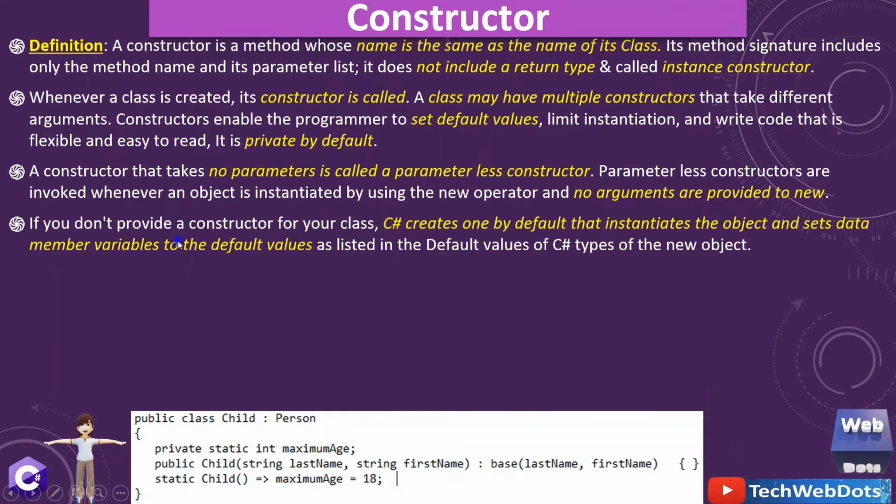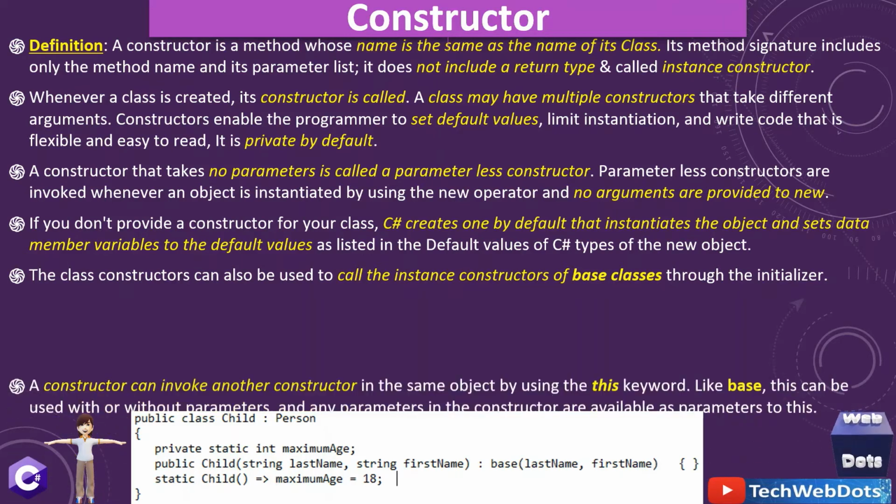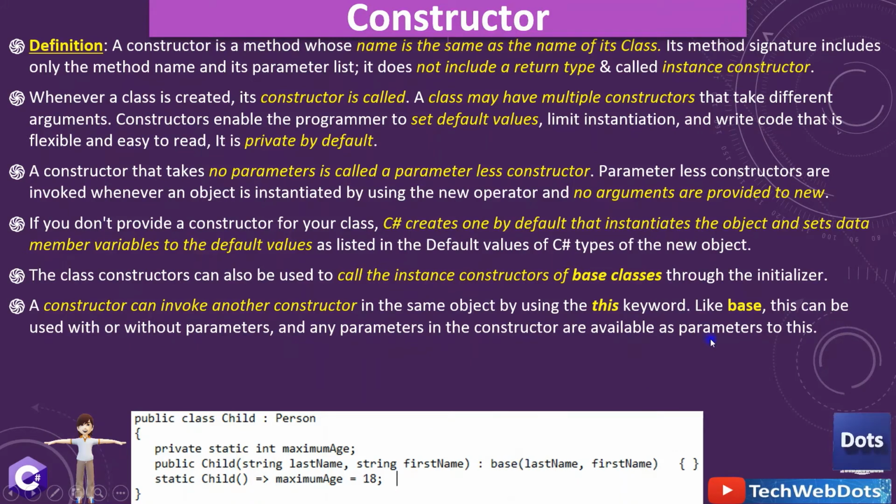If you don't provide a constructor for your class, C# creates one by default that instantiates the object and sets its data member variables to the default values of their C# types. The class constructors can also be used to call the instance constructor of the base class through an initializer, which I am showing with the help of the base keyword.